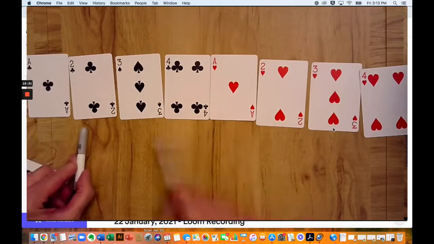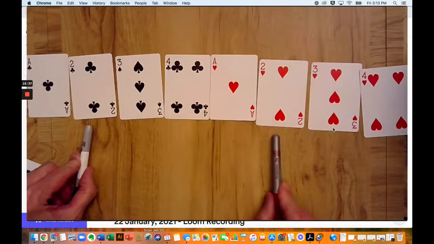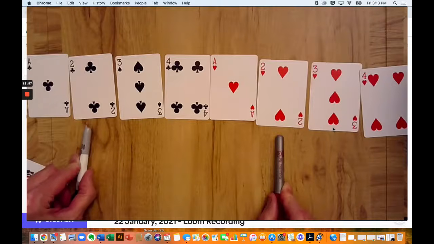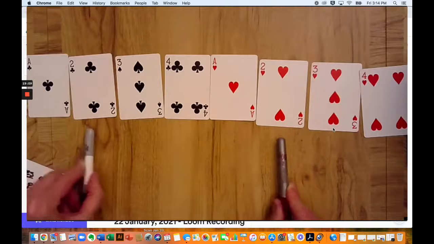Over here, this is position 2 and position 6. Are those numbers 2 and 6 congruent modulo 4? Yes, because 2 divided by 4 has a remainder of 2, and 6 divided by 4 has a remainder of 2 as well. So these are related by way of our positional relation, and they happen to also be related by way of our categorical relation. Okay, I think you get the idea.